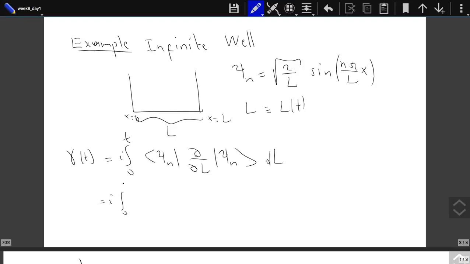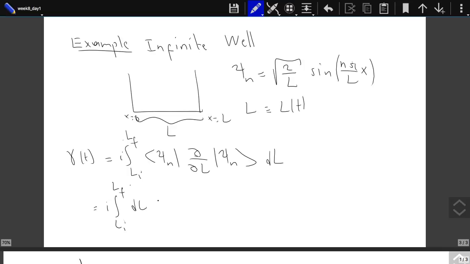This is equal to i times the integral from L initial to L final dL.